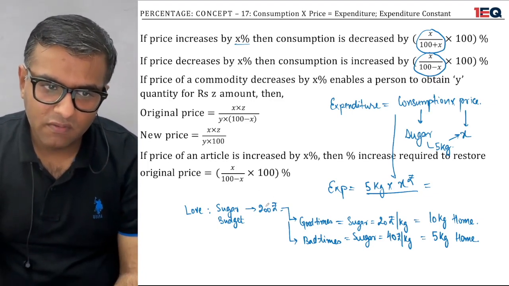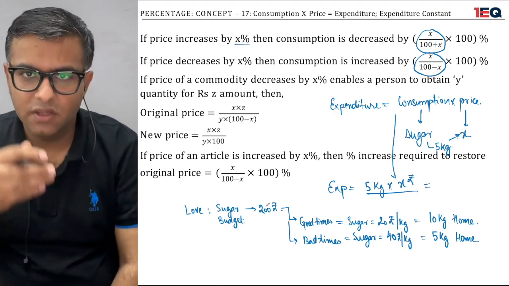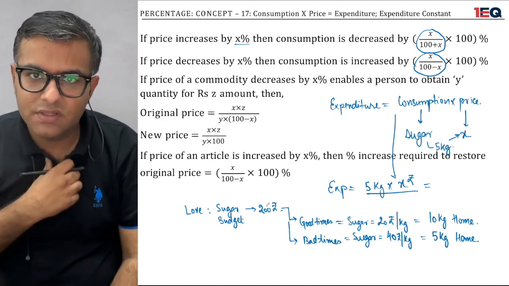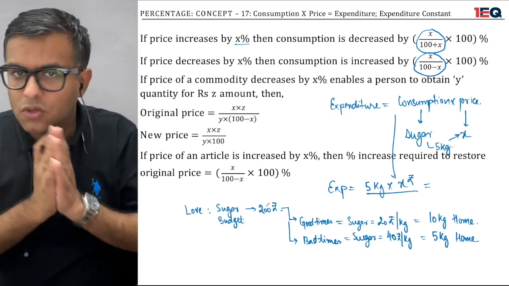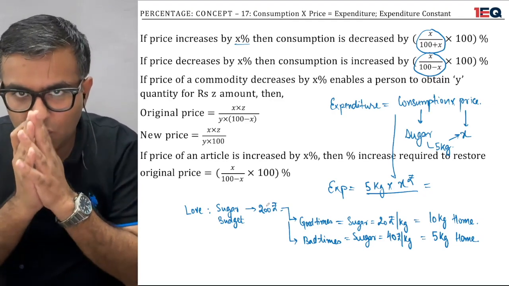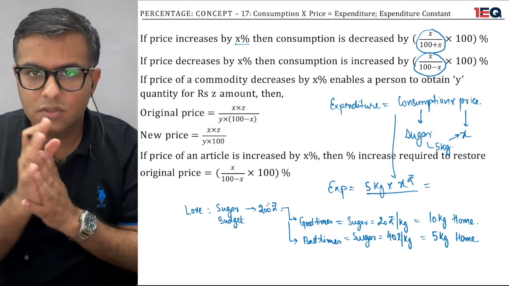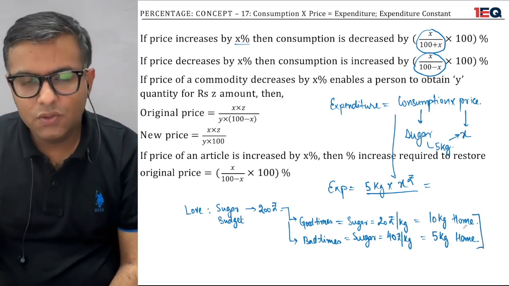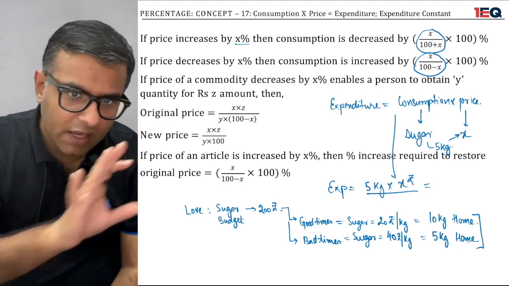If you are not willing to increase the budget, the shopkeeper is not willing to give you extra goods. So this is something very important we need to see. 10 kg home and 5 kg home. The entire concept is very clear.